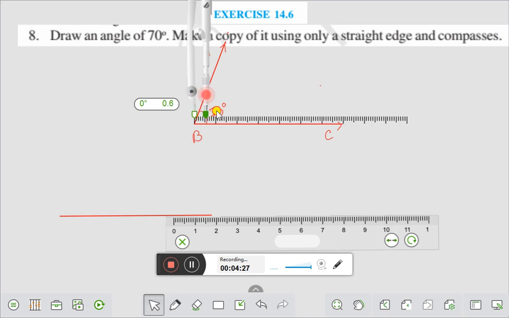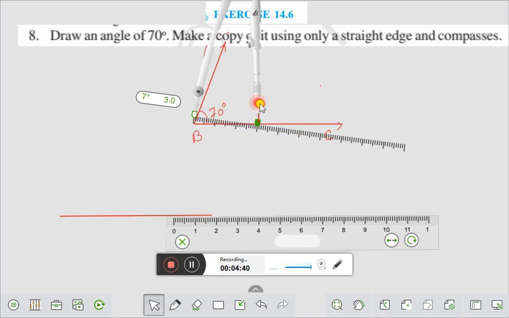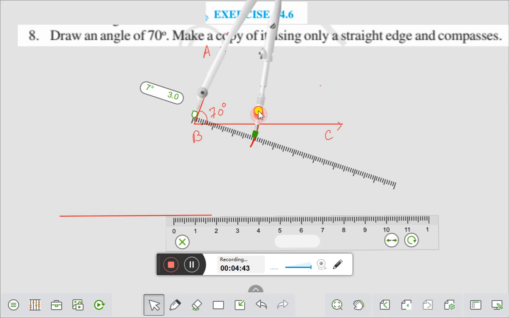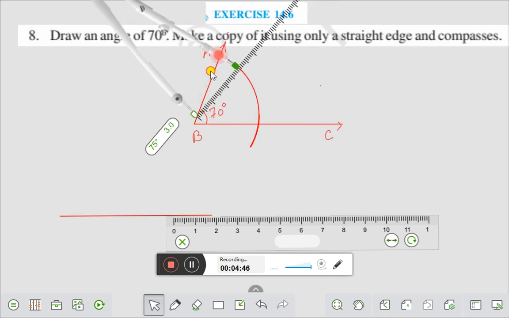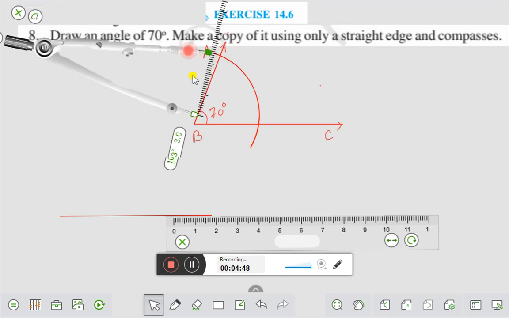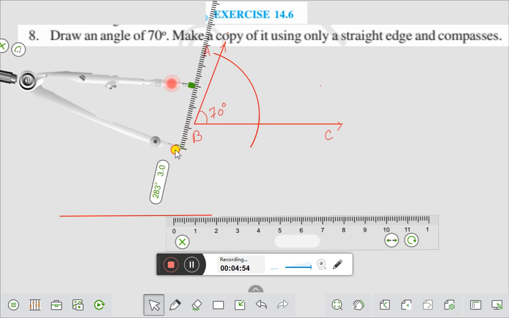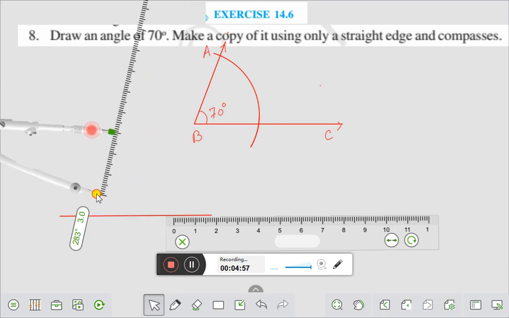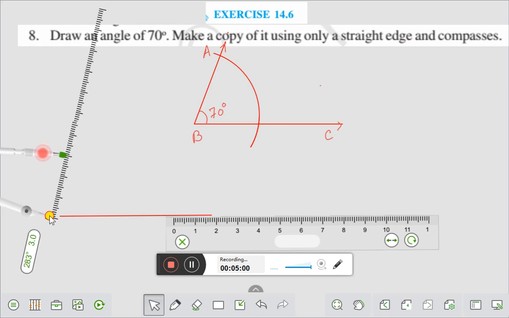And take an arc like this, right? We are drawing an arc here. Without disturbing the length of this arc, take this pointer here and draw an arc here.